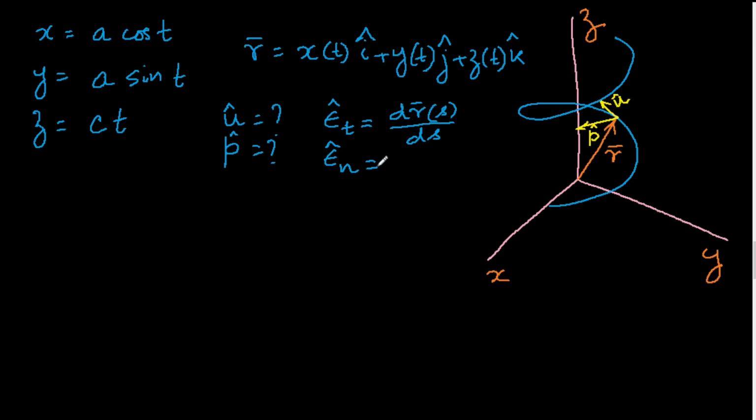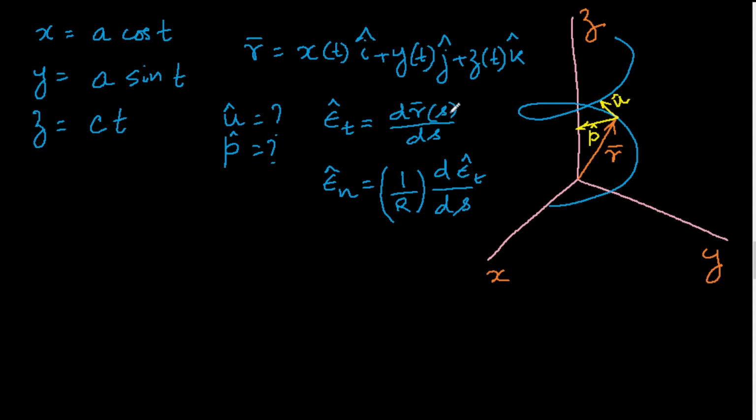And we can find d epsilon t over ds, but here it will not be a unit vector, and here it will come as 1 over r. So like that you can simply calculate the et and en.